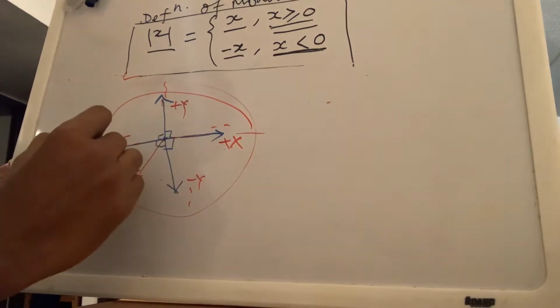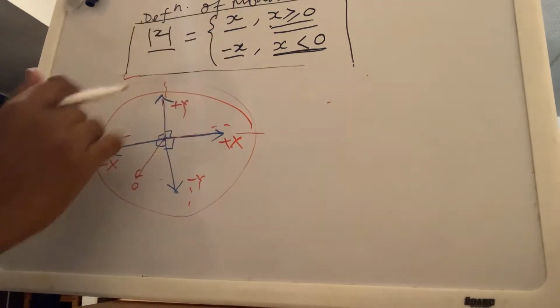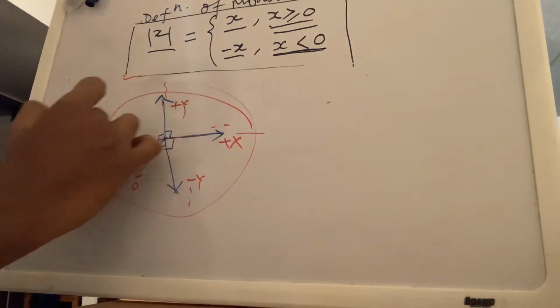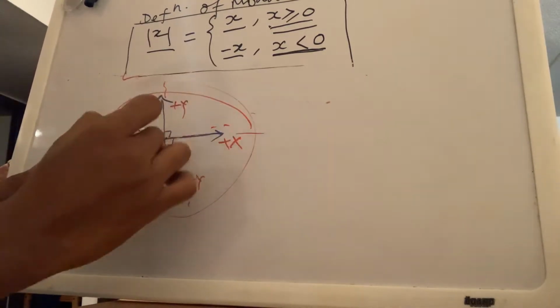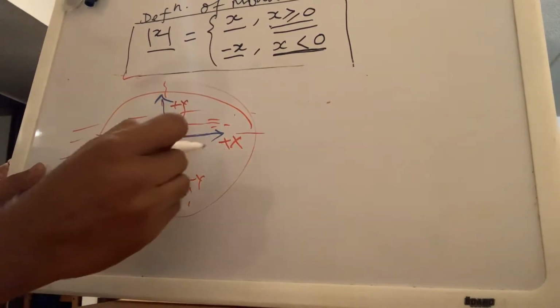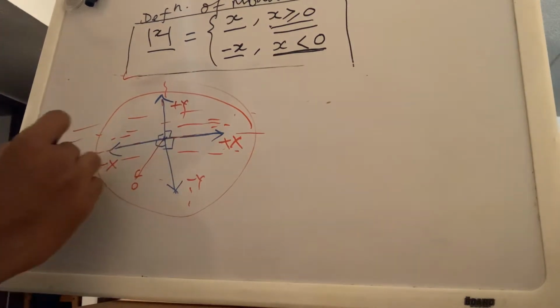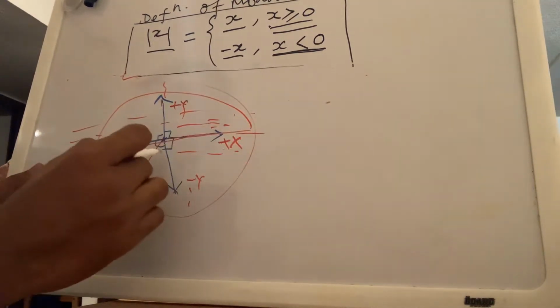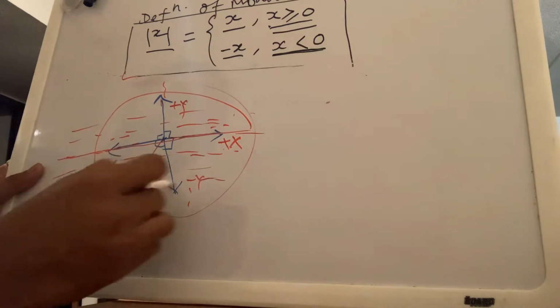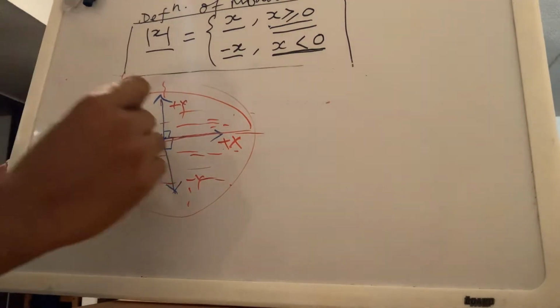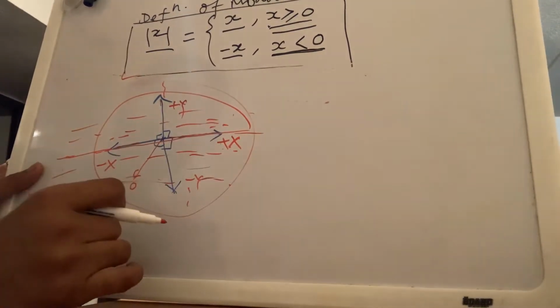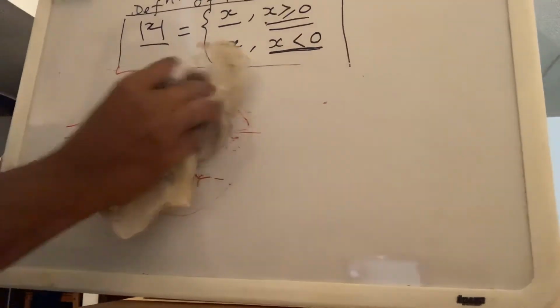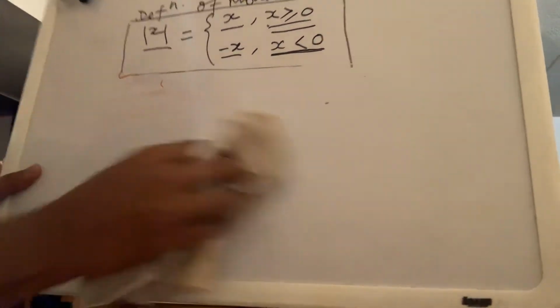This plane, the upper portion is always positive, and lower than this horizontal line is always negative. We understand this. So for an example, these two lines are there.